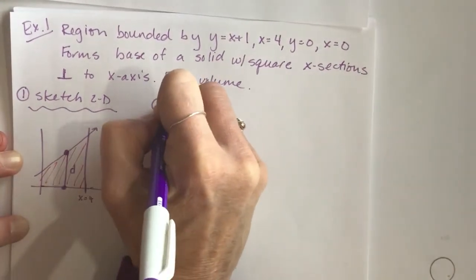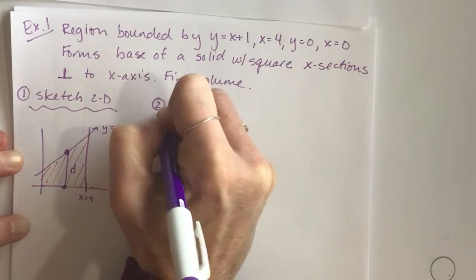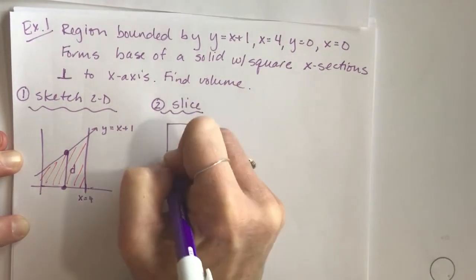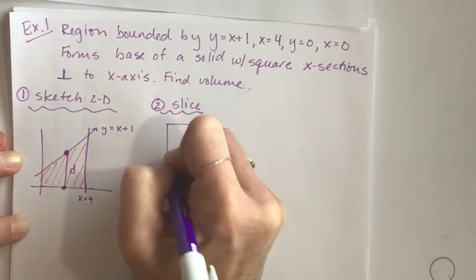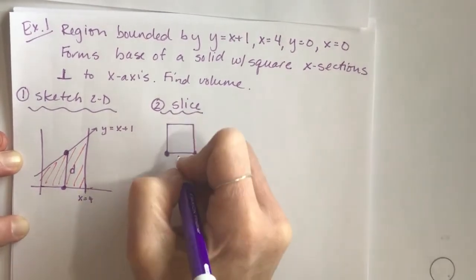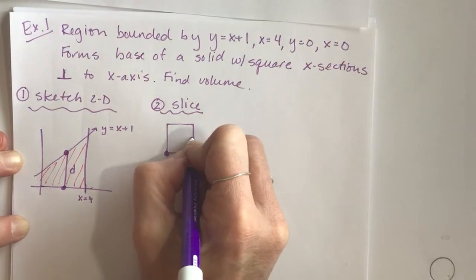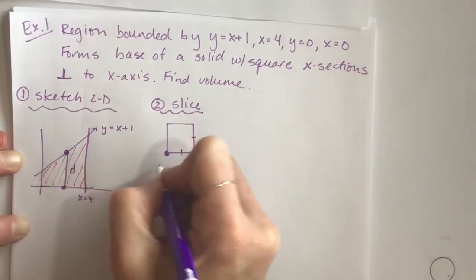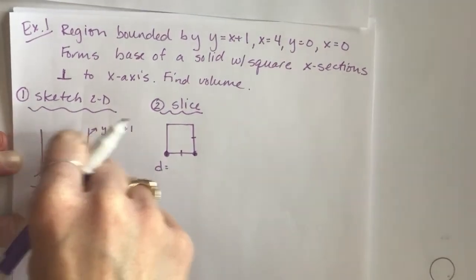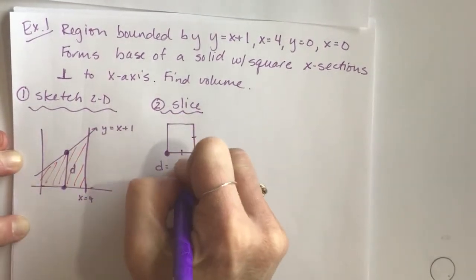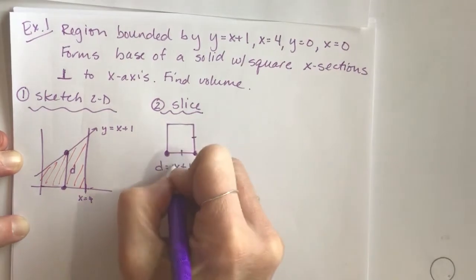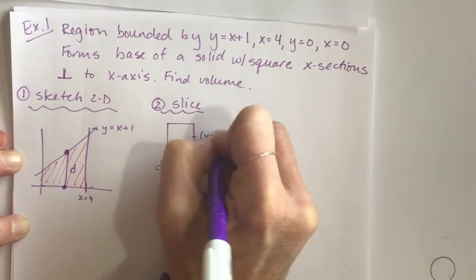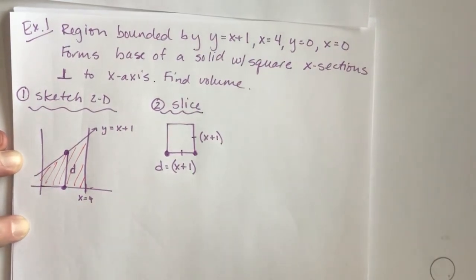And then I'm going to sketch my slice like we always do. This time our slice is a square, not a circle or a washer or a disc. This is a square, so this distance is the same as this distance, and this distance, D, is equal to the height of the function, which is x plus 1. And of course then, that is also equal to x plus 1.